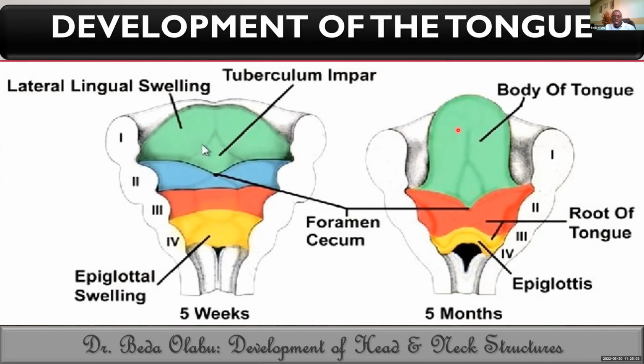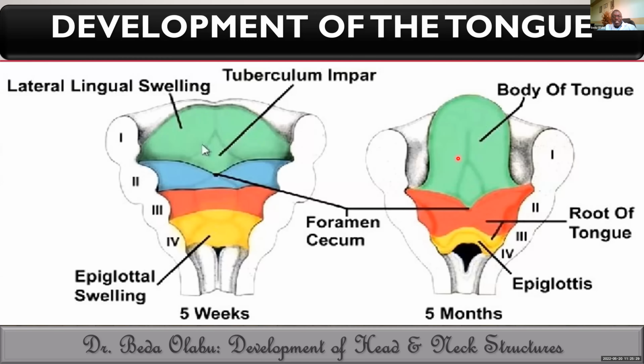That's why the facial nerve supplies the anterior 2/3 of the tongue for taste sensation via the nerve called chorda tympani. But the trigeminal nerve supplies the anterior 2/3 of the tongue for general sensations. Remember, the mandibular nerve is a nerve of the first pharyngeal arc.